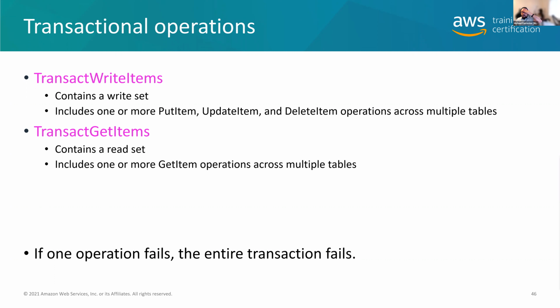Just to say this, you have to plan for additional reads or writes when you use transact, because DynamoDB is going to do 2 underlying reads or 2 underlying writes of every item that you use these methods with. So it's like one write to prepare the write and another write to commit the write.